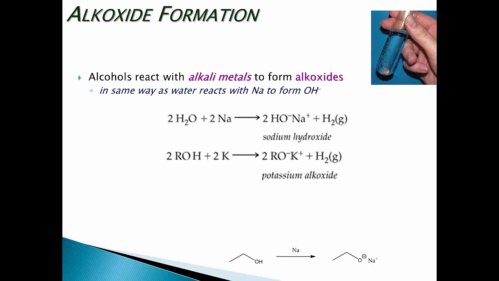For example, if you have an alcohol of some sort and you have a potassium metal that you've put in with the alcohol, you would form the alcohol alkoxide. So the potassium alkoxide, because you've got the potassium here. You would form the potassium alkoxide, and hydrogen gas would be produced.